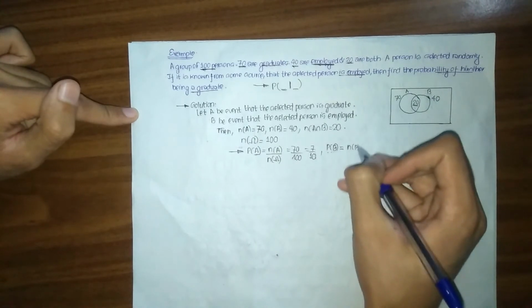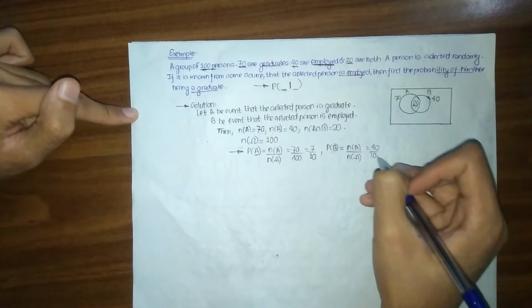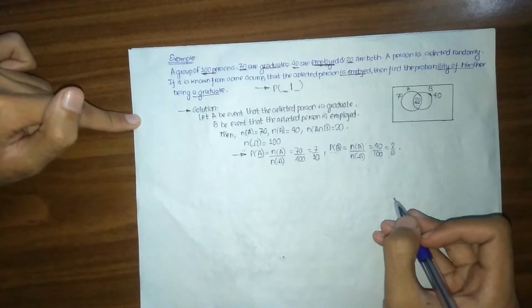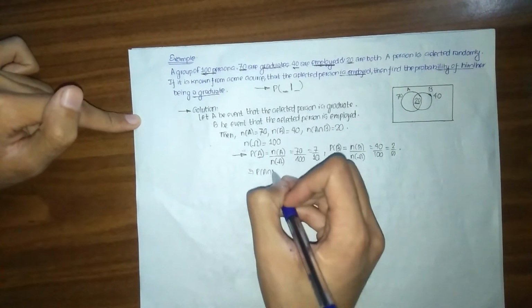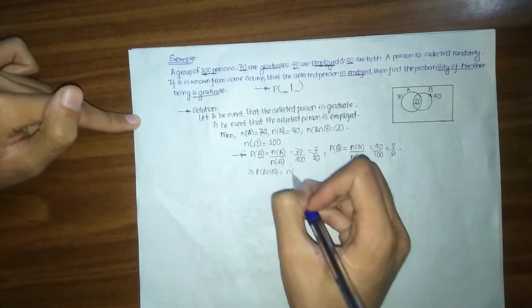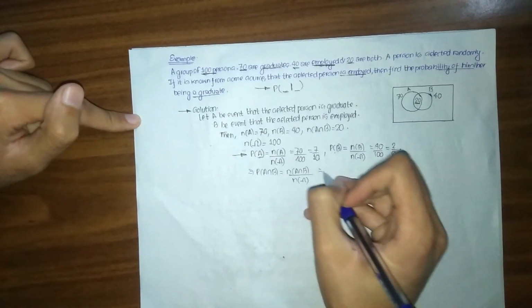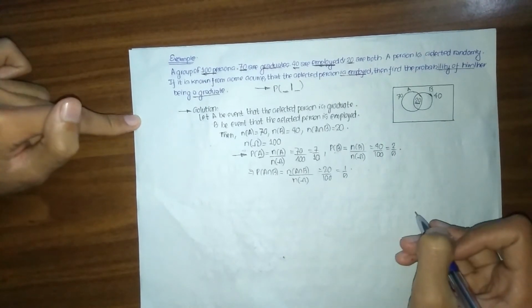This is n(B) divided by n(omega), which is 40 divided by 100, which means 2 by 5. And now P(A intersection B) equals n(A intersection B) divided by n(omega), which I get to be 20 divided by 100, which is 1 by 5.